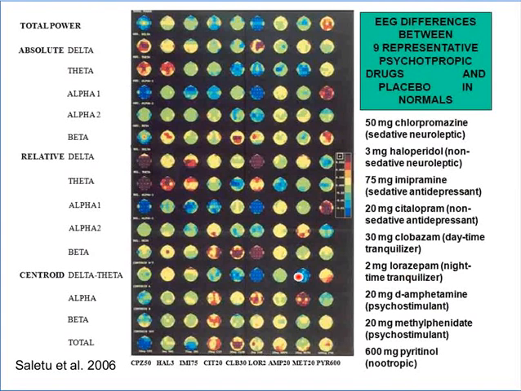If you look at the drug activity in this complex matrix across bands and across different variables, you see very typical profiles where you have increases versus placebo in some cases and decreases versus placebo in others. Each of the drugs has a typical fingerprint-like pattern of where those increases and decreases are.